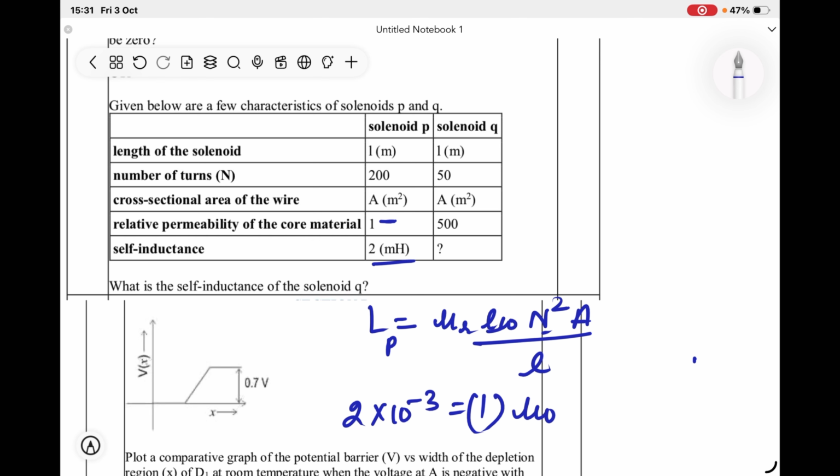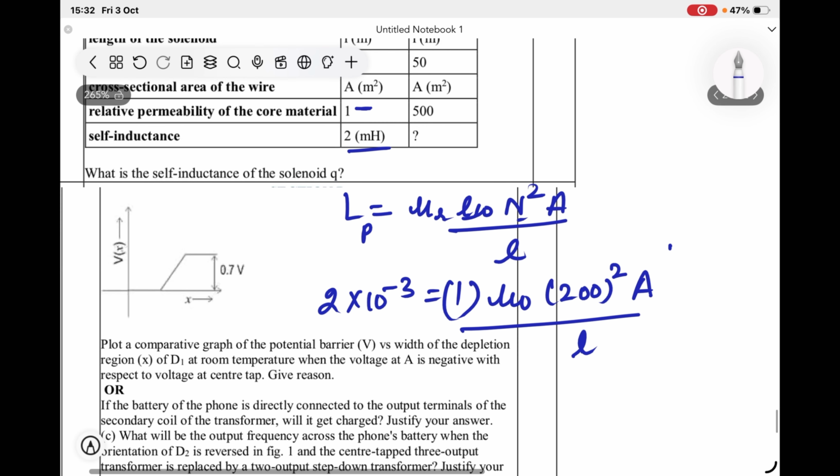Mu naught, n square. The number of turns for P is 200, so it is 200 square. Area is A, length is L. Leave it as L because it is the same.